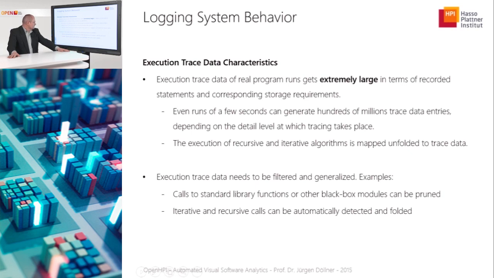We can also compress iterative and recursive calls by automatically detecting such situations based on the given trace data. For example, we can look for patterns that indicate recursion or patterns that indicate iteration, and then we can fold maybe some hundreds or even thousands of data entries into one single, more abstract entry inside a trace.